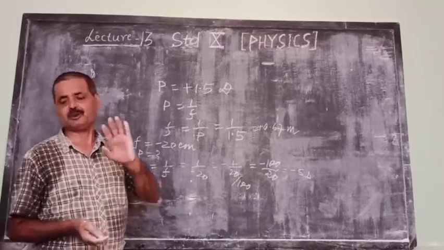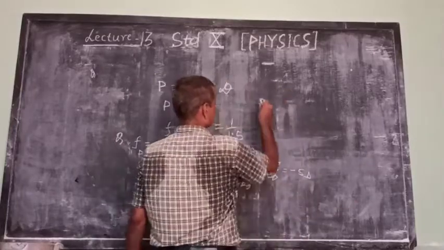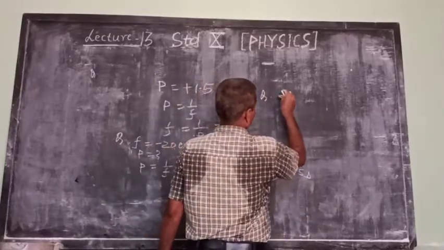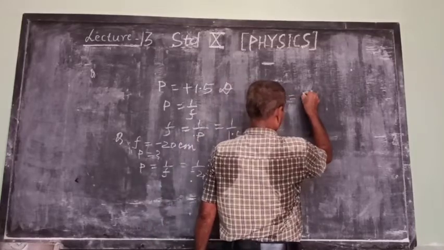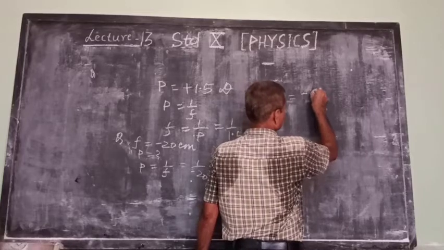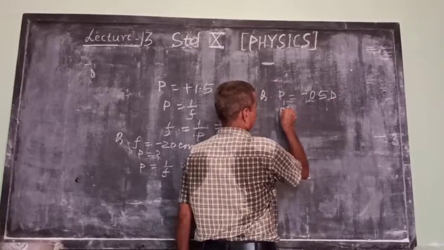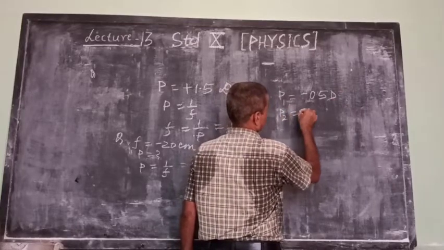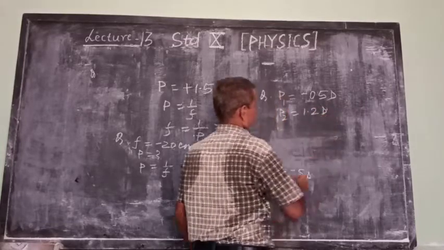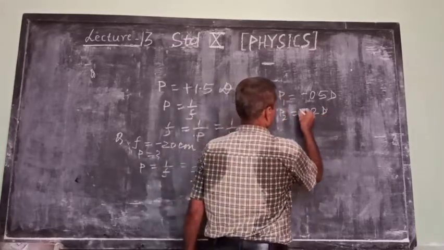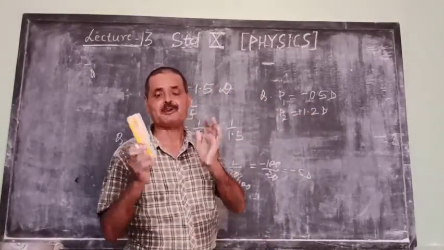Another example I am putting before you. If the power of a concave lens is minus 0.5 diopter and the power of a convex lens is 1.2 diopter. This is convex, so its power will be positive. We have to calculate the power of combination.